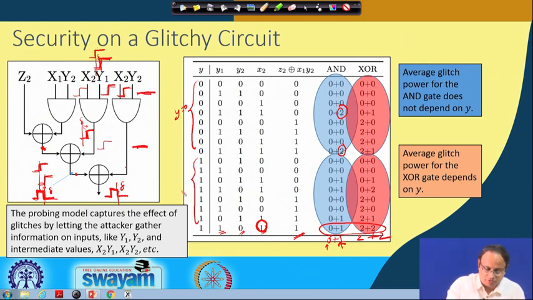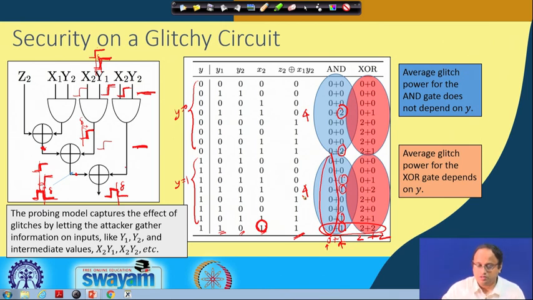Likewise, if you process it for y equal to 1, this is again 0, whereas this sum is 1 plus 1 plus 1 plus 1 which is again 4. So the average is dependent on 4 transitions and 4 transitions. Therefore, the glitch power is not leaking any information.